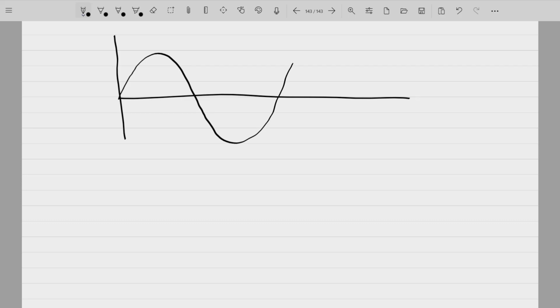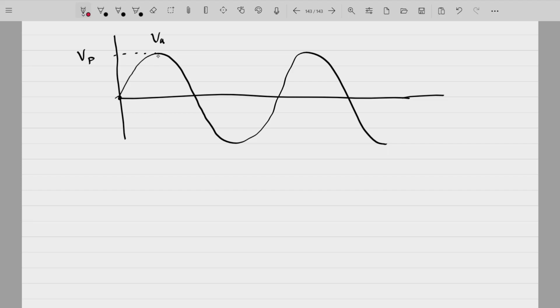So if we were to plot the sinusoidal variation of these three voltages, this is VA having a magnitude of VP starting from an angle of 0 degrees. We'll assume that VB and VC are lagging VA.